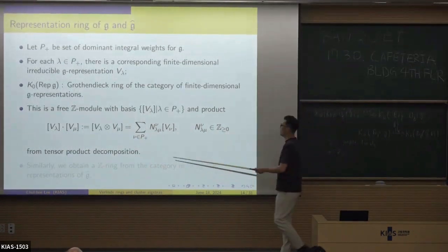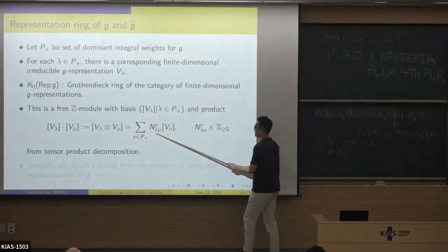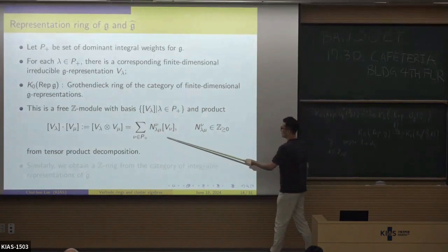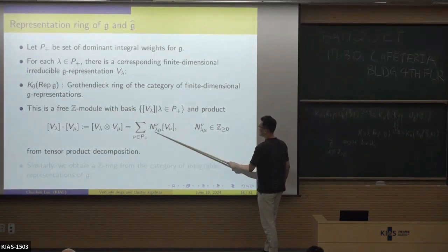Once you take a tensor product, it decomposes into a sum of irreducibles, and these numbers are non-negative integers.